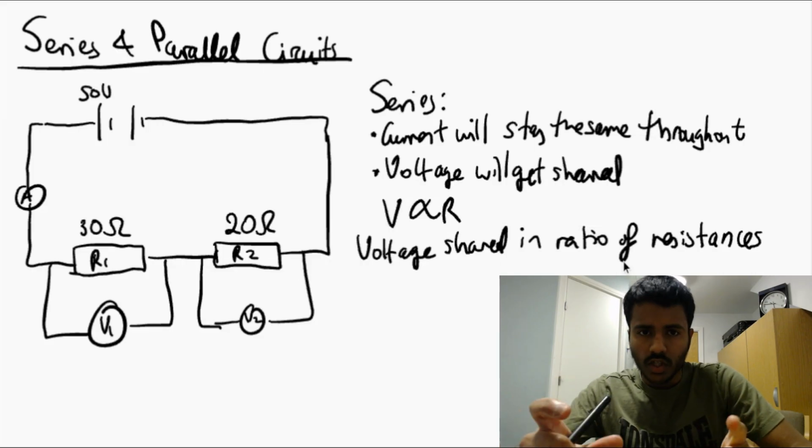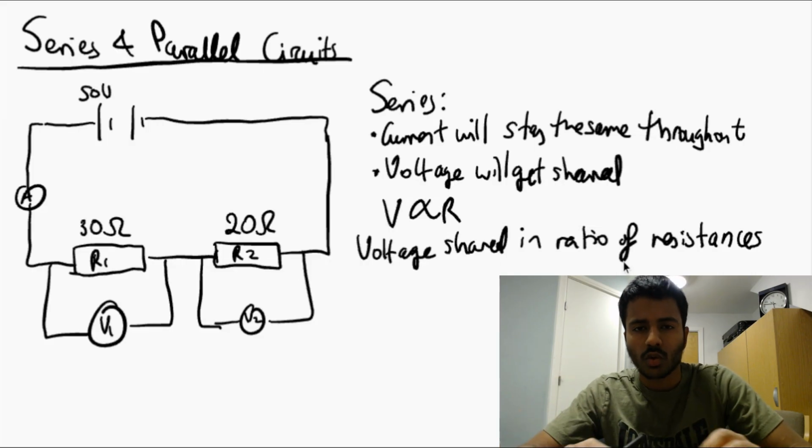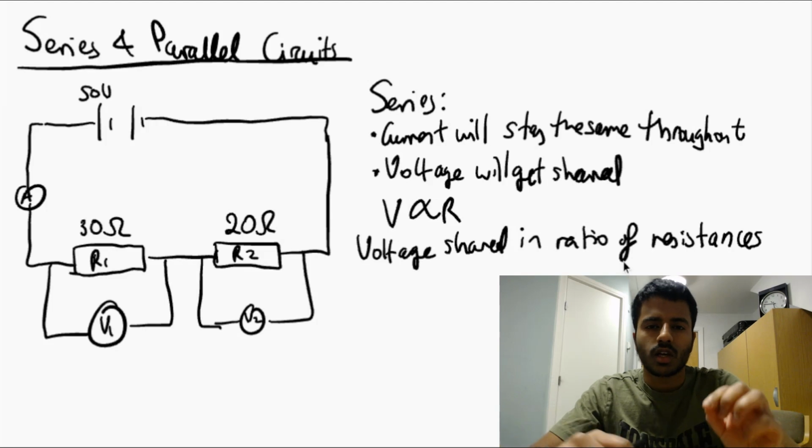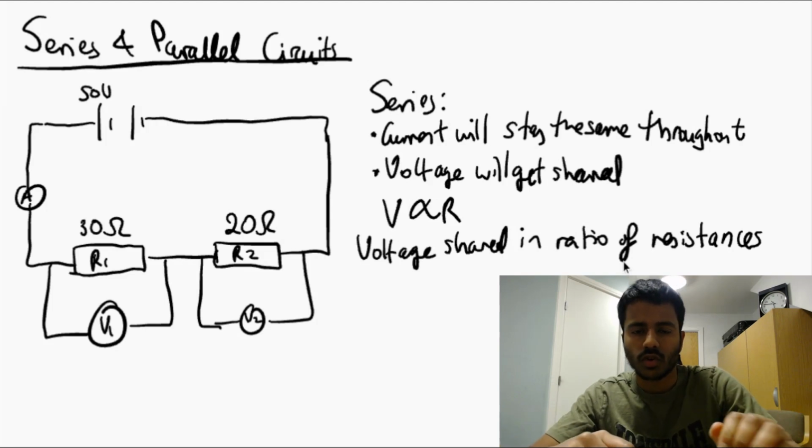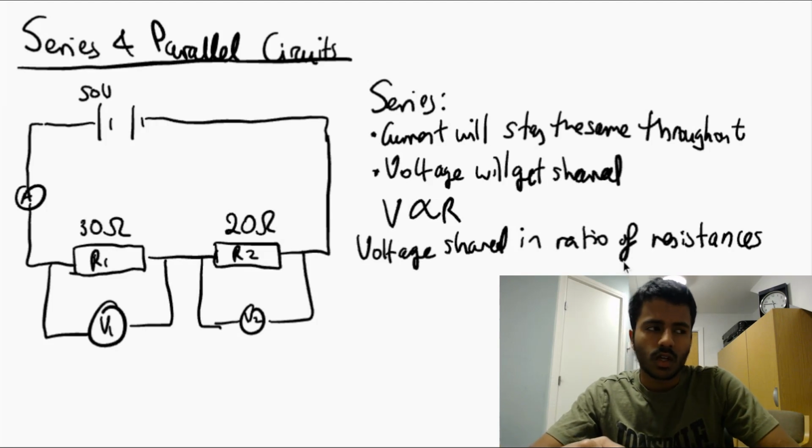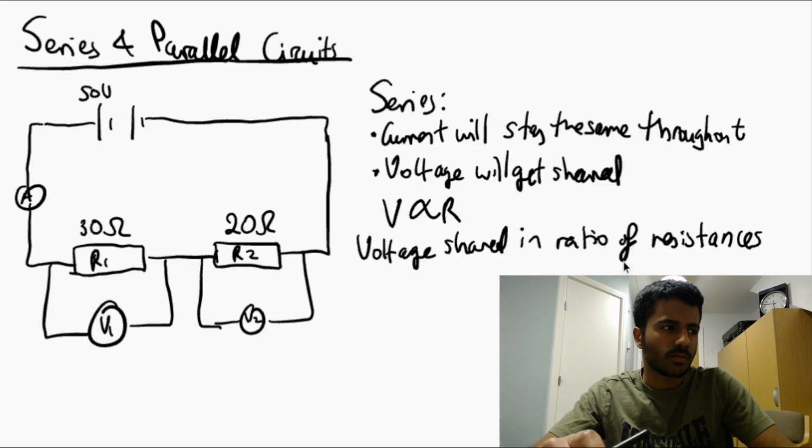Now, one thing you need to make sure when you're applying V equals IR or doing your calculations is that you're using the correct voltage for each component. In this case, it says 50 volts as the battery supply.